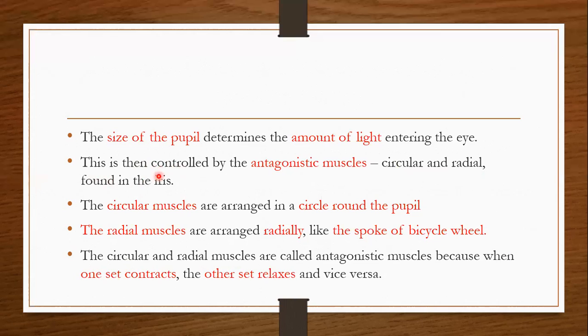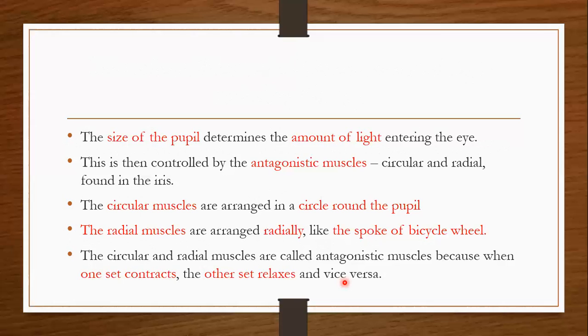Now let's talk about the circular muscles first. The circular muscles are arranged in a circle round the pupil. And the radial muscles are arranged radially like the spokes of a bicycle wheel. They are called antagonistic muscles because when one set contracts, the other set relaxes, and vice versa.